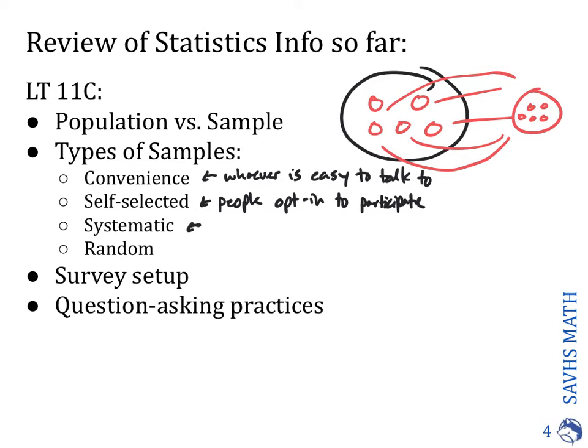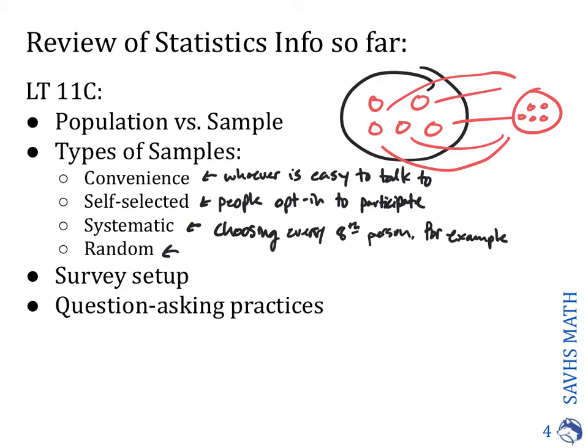Systematic means we are choosing every 8th person, for instance, to talk to, like ask a question or whatever. And then random is choosing a random person.